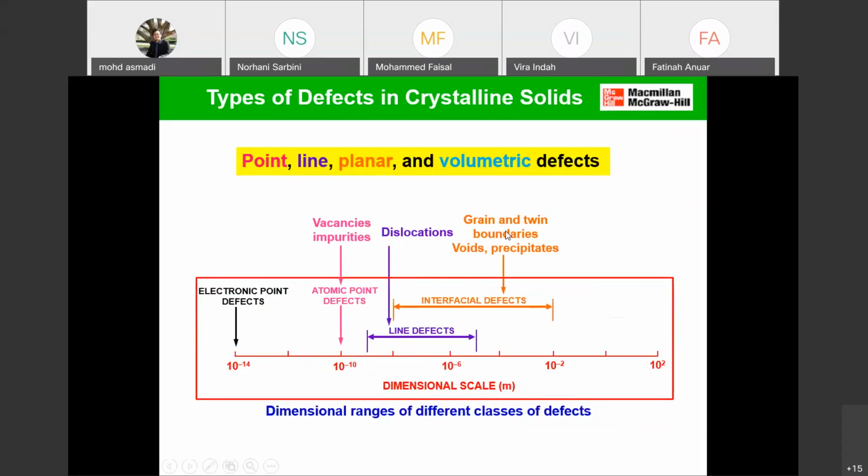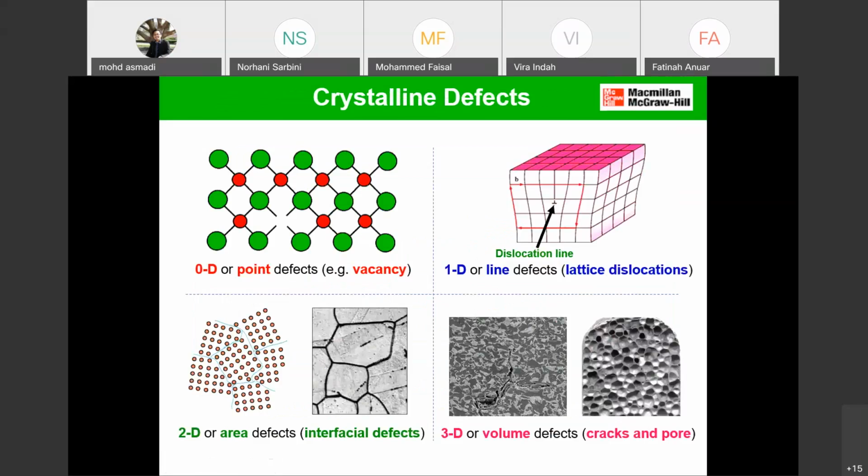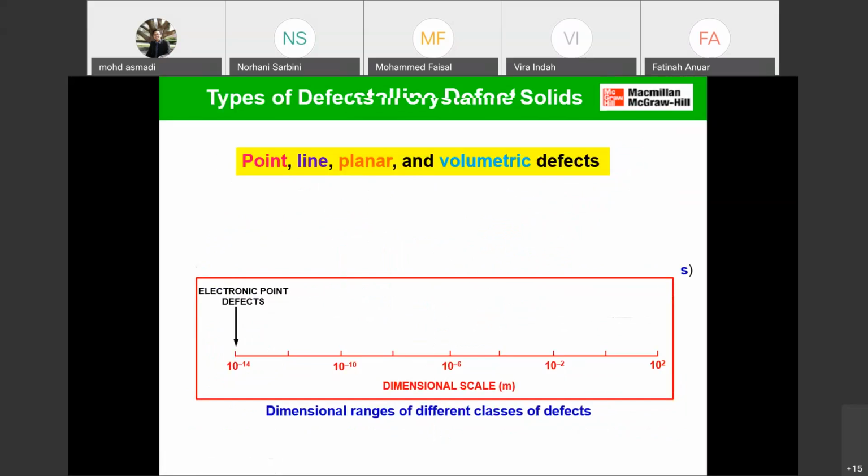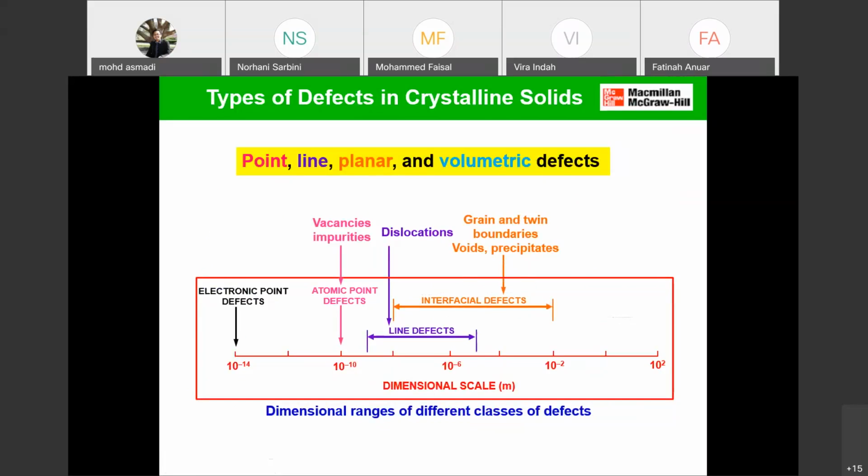For the grain and twin boundaries, voids as well as precipitates, we call these interfacial defects. Interfacial, or 2D. This is around 10 to the negative 8 to 10 to the negative 2. This is 2D, this is 1D, this is 0D.